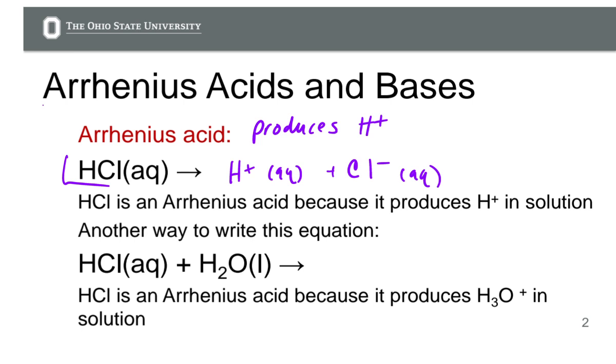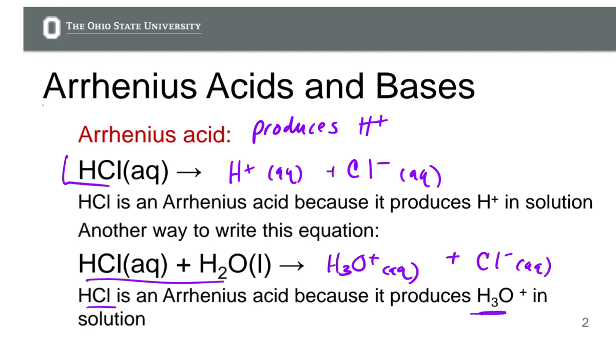Okay, so there's a couple of ways that we can write this dissociation of HCl. This is the simplest way. The other way that we'll often write a dissociation for an acid is including water as a reactant. And there are a number of reasons to do this, but for now, when we put HCl in solution, what we're going to find is that it produces H3O+ aqueous, and Cl-.